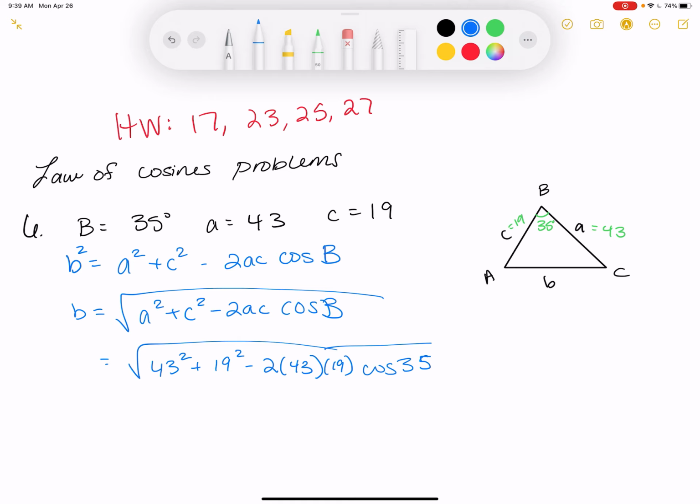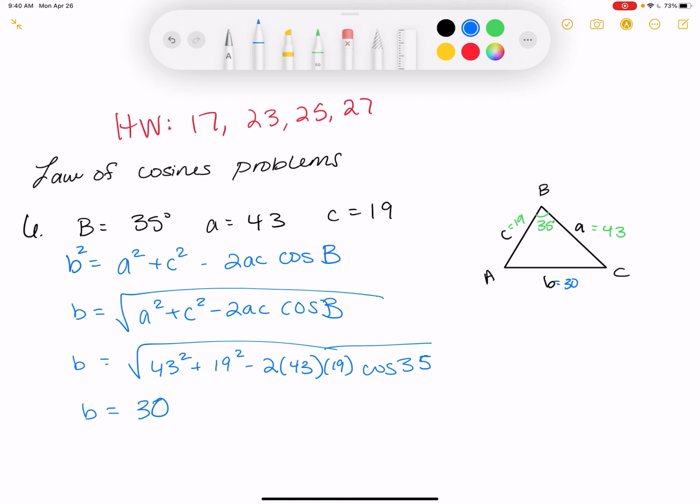Okay, if you do this all as one thing, parentheses are very important, so make sure you are careful there. All right, so 30.